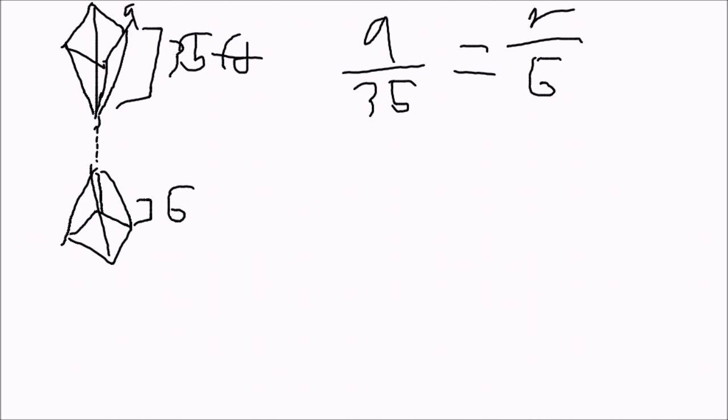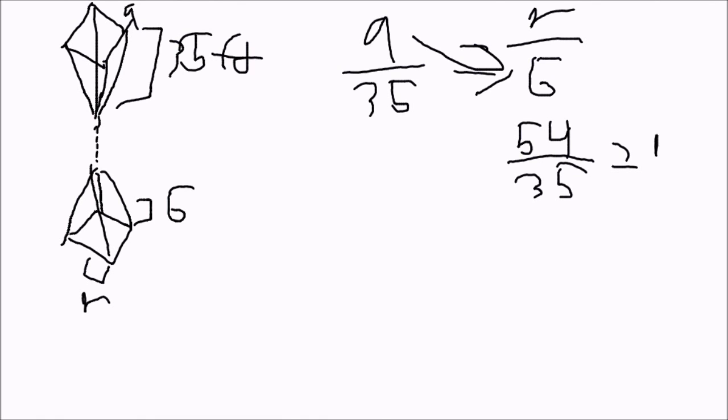But we don't know what this new radius is. It's a mystery. Well, that's easy. We can figure that out through cross multiplication. Just multiply the 9 with a 6. It gives us 54. Carry over 35 over 35 equals R.